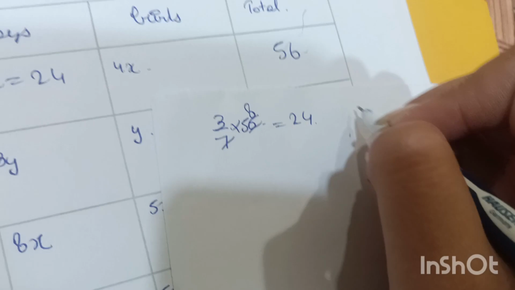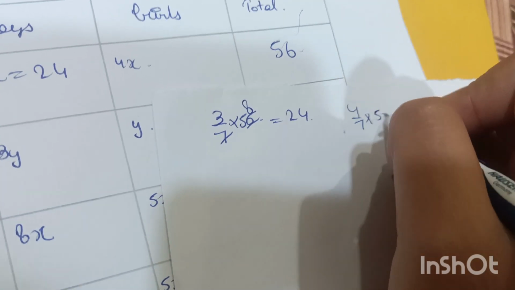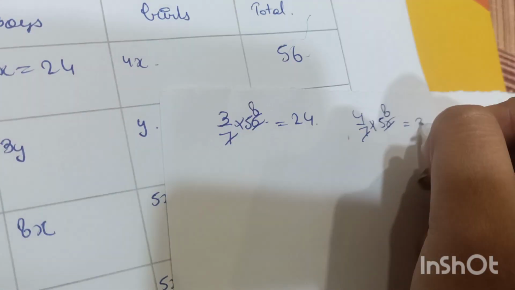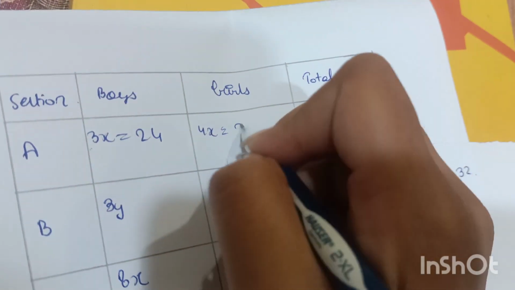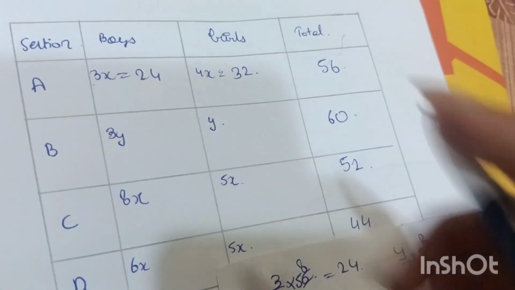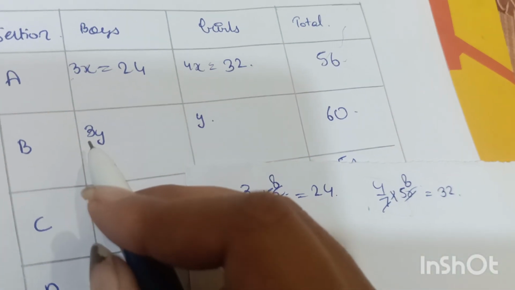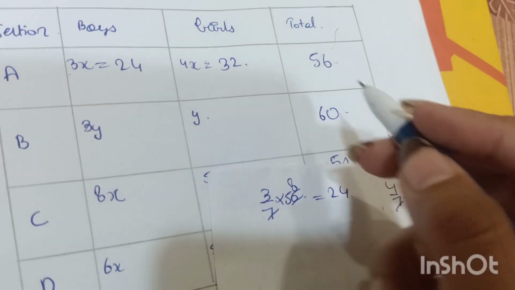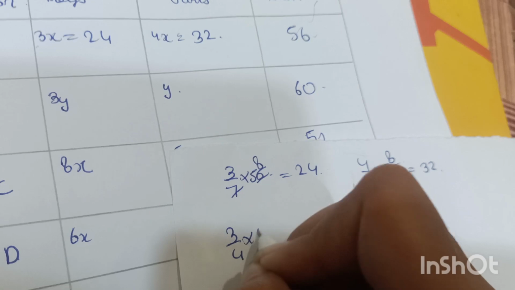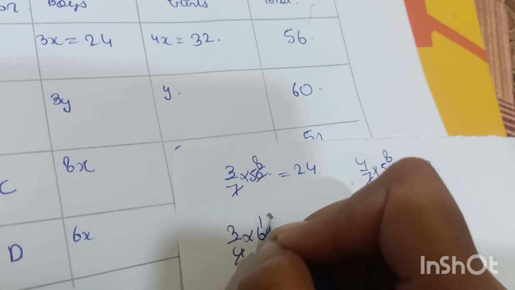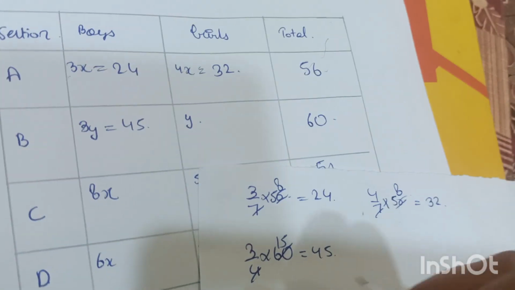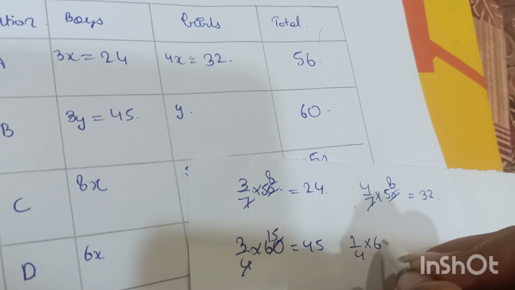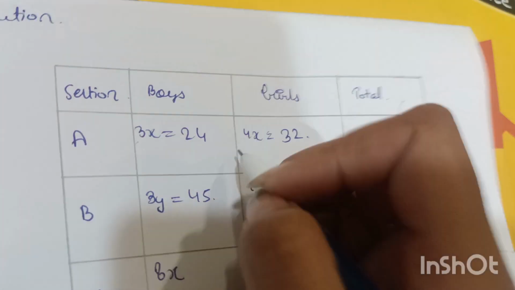Same for this, we'll get 4/7 into 56, which gives 32. Now for this, you'll see 3/4, why? 3 plus 1. So 3/4 into 60, you'll get 45, and 1/4 into 60, you'll get 15.